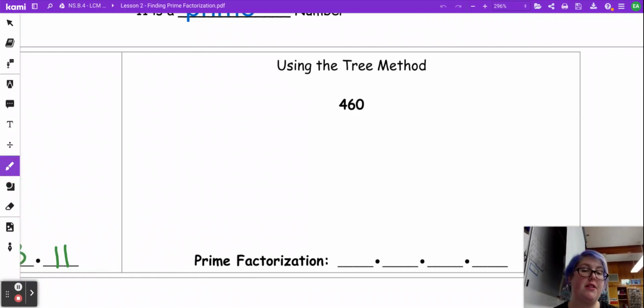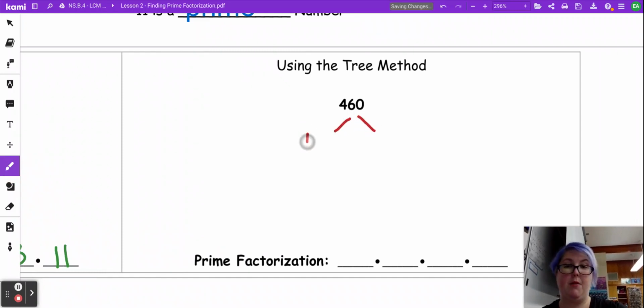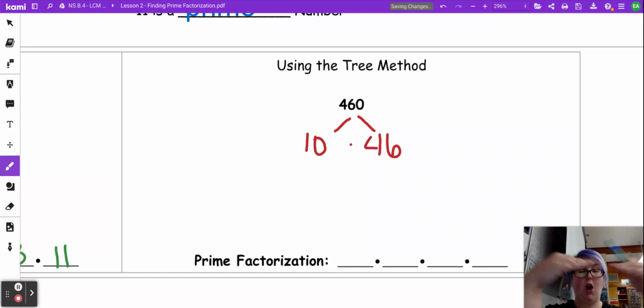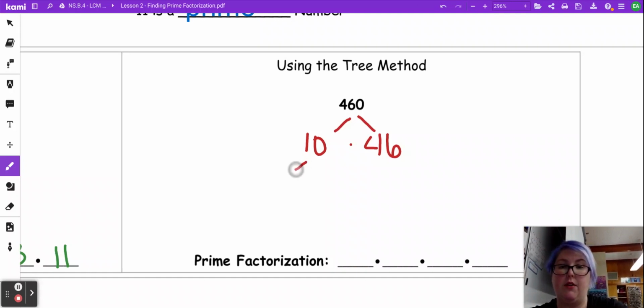We're going to use 460 this time. So when I say tree, you draw 2 branches, and I'm going to do 10 times 46. So each of the lines across will give you the multiplication of the thing above it. So 10 times 46 is 460. Well, neither of those are prime, so I have to go further. We know 10 is 5 times 2. 5 and 2 are both primes. We're going to circle those.